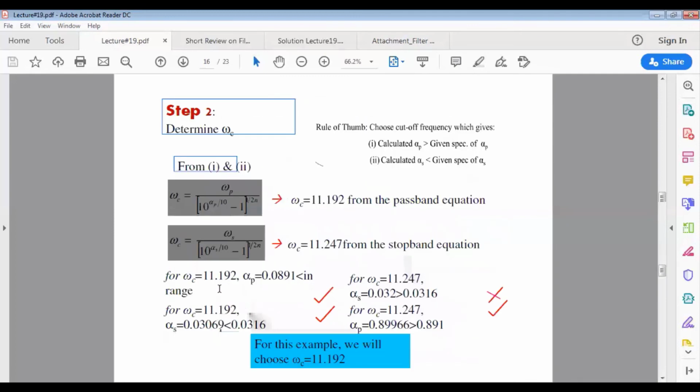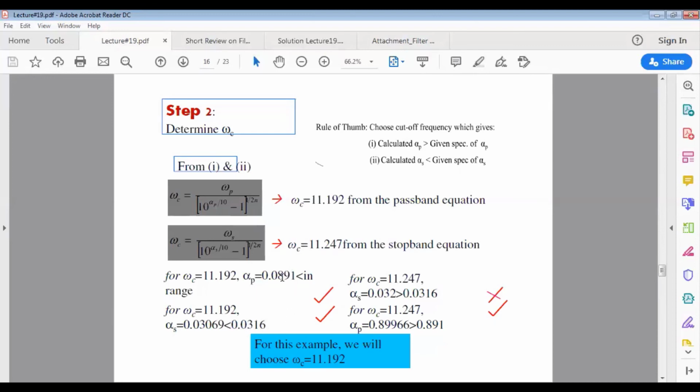The first omega C is 11.192. In equation 2, we have alpha P as 0.0891, whereas the alpha S equals 0.03069, which is smaller than the specification of 0.0316.